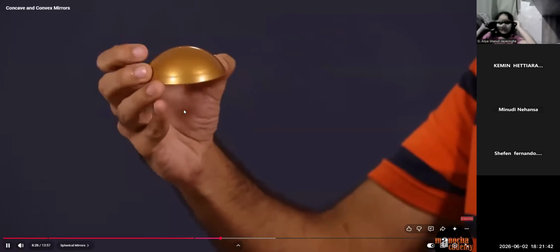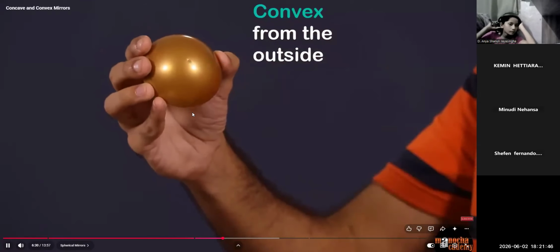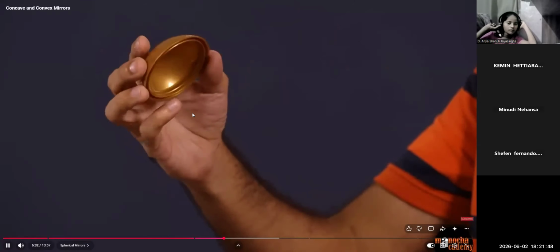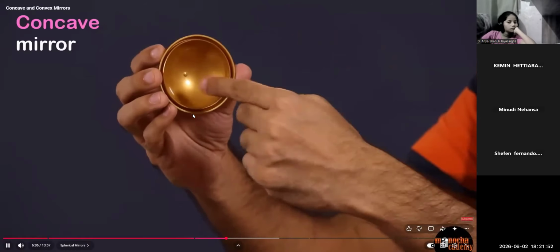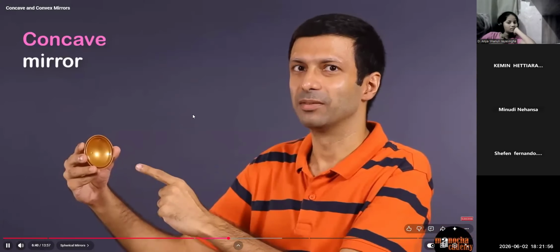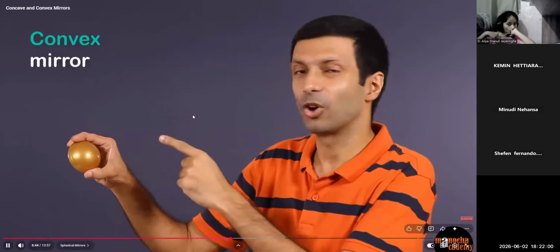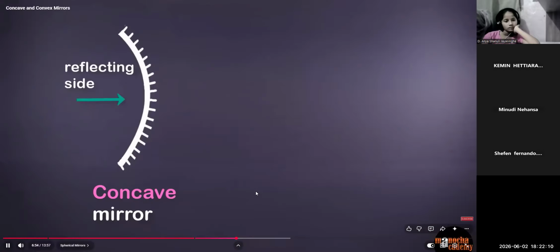If you polish the outside portion, it's called a convex mirror. An easy way to remember the concave mirror is, it's as if you're entering a cave. It's a hollow portion. So this side is a concave mirror, and the opposite side, which is bulging, is a convex mirror. The concave mirror can be represented by this simple diagram, where the smooth side is the shiny reflecting surface.